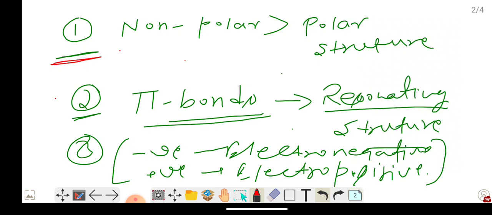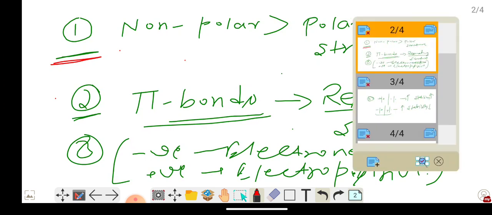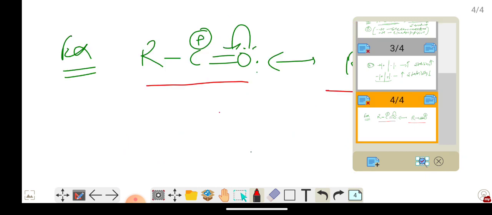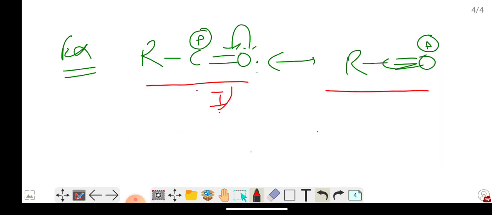Now second, the number of pi bonds. In the second resonating structure, three bonds are present, meaning two pi bonds and one sigma bond, and here only one pi bond is present.